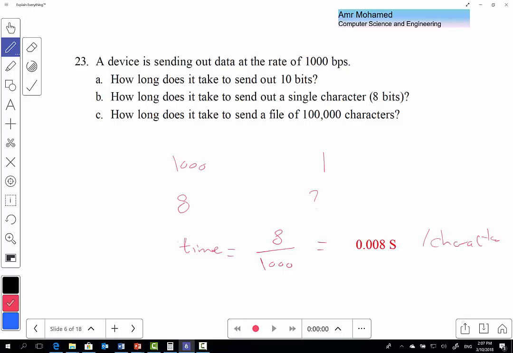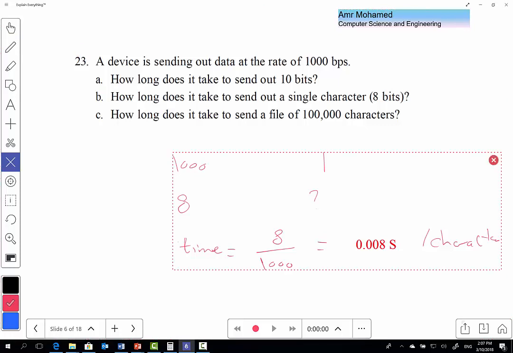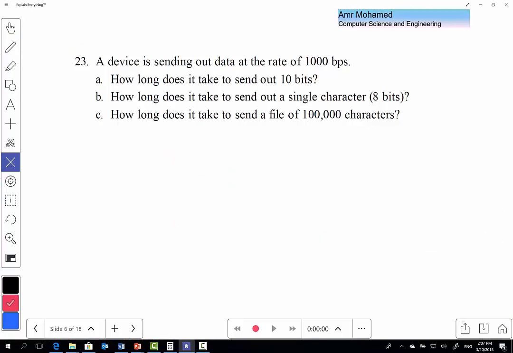All right, so how long does it take to send a file of 100,000 characters? Each character in that case is 8 bits. So if 1000 bits take 1 second, 100,000 times 8 take how long?